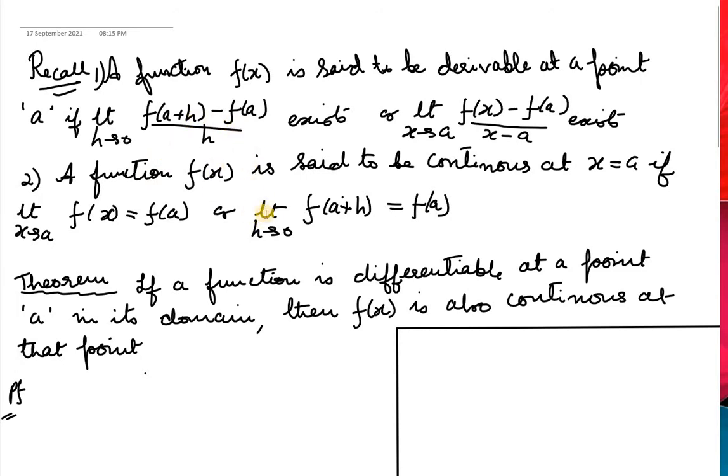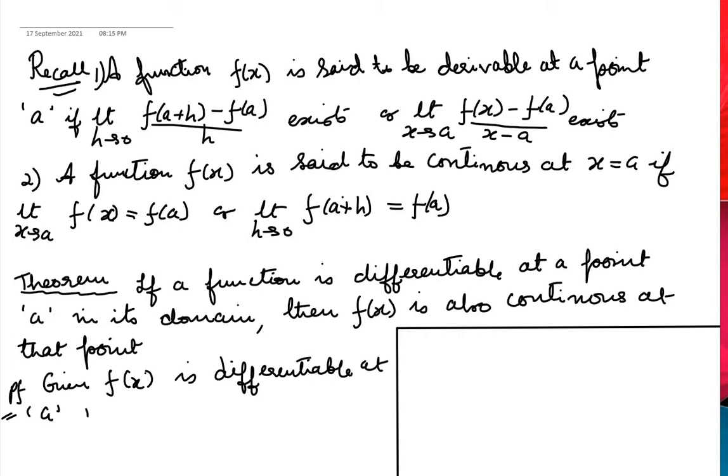So using these two definitions, I need to show that a function which is differentiable at a point must be continuous at that point. So here, what is given in the statement? It's given that f(x) is differentiable at a, which means that the limit as h tends to 0 of f(a+h) minus f(a) by h exists.